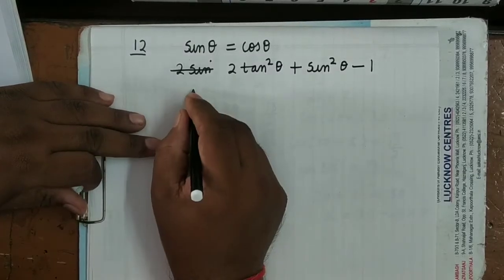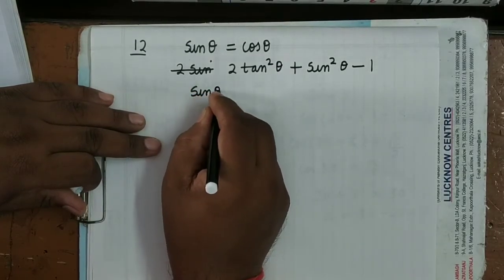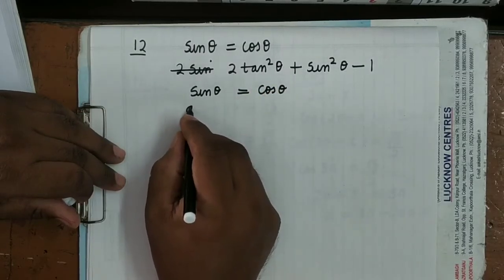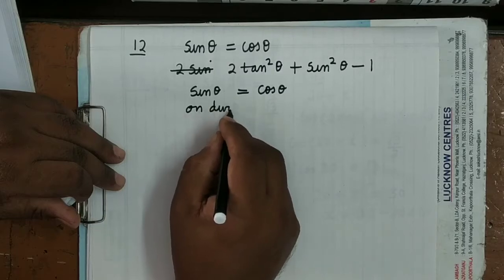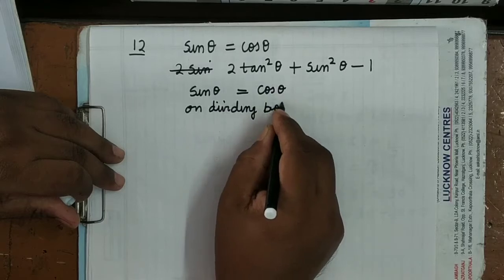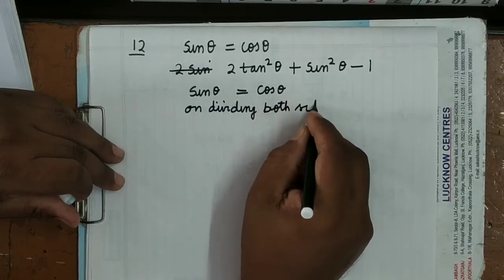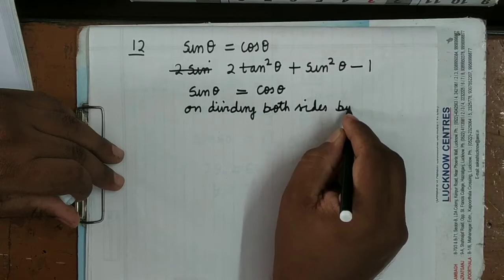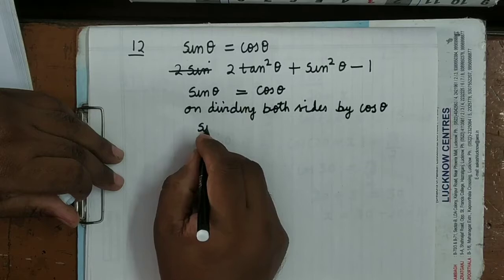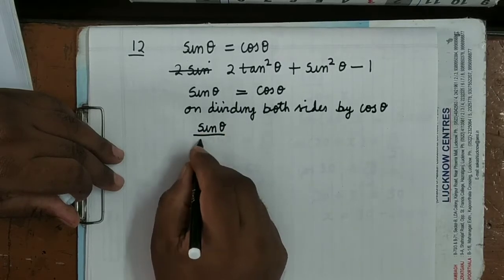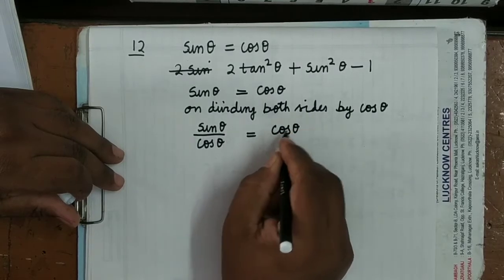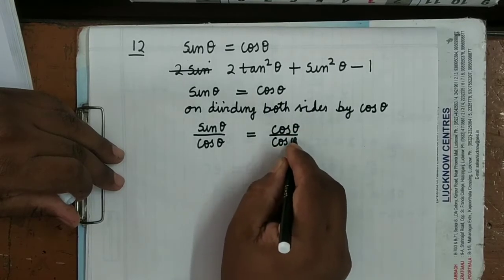So see here, sine theta equals cos theta. On dividing both sides by cos theta, you divide both the sides by cos theta. So it is sine theta upon cos theta equals cos theta upon cos theta.